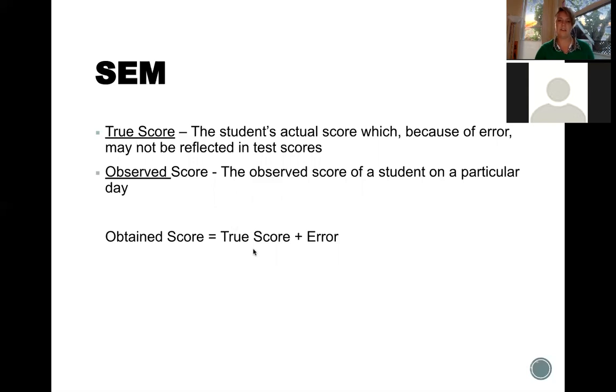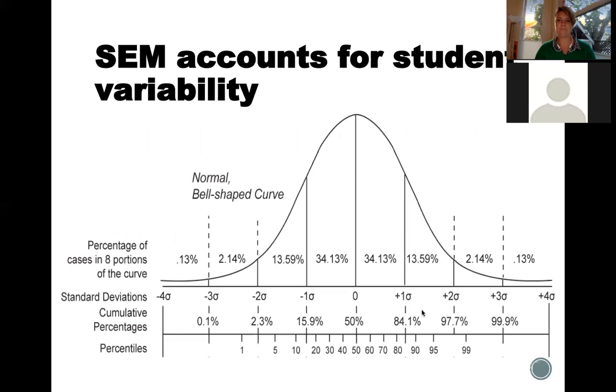This is calculated at a conceptual level by thinking that the obtained score is actually the true score plus or minus error. So either the student had a really great day or a kind of bad day, but they're generally going to end up in this range.